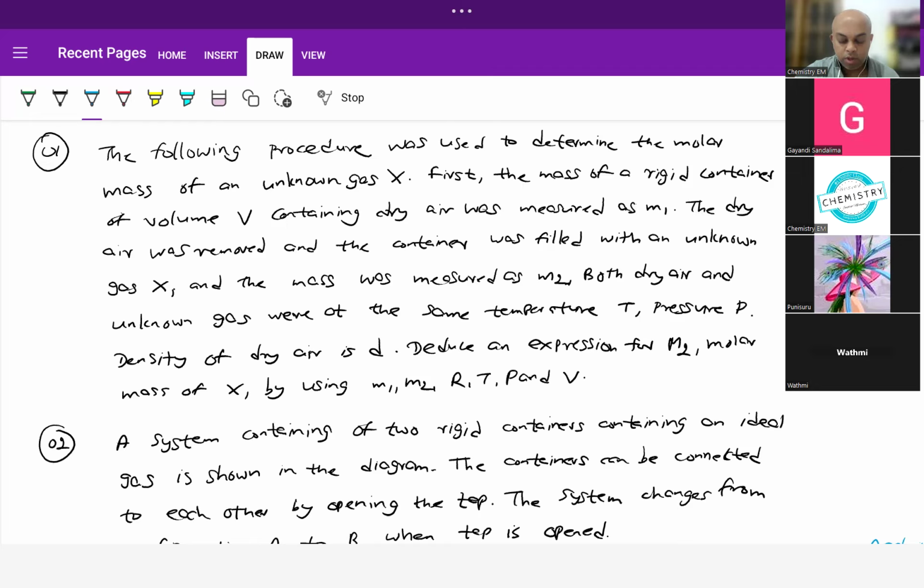The dry air was removed and the container was filled with an unknown gas X, and the mass was measured as M2.